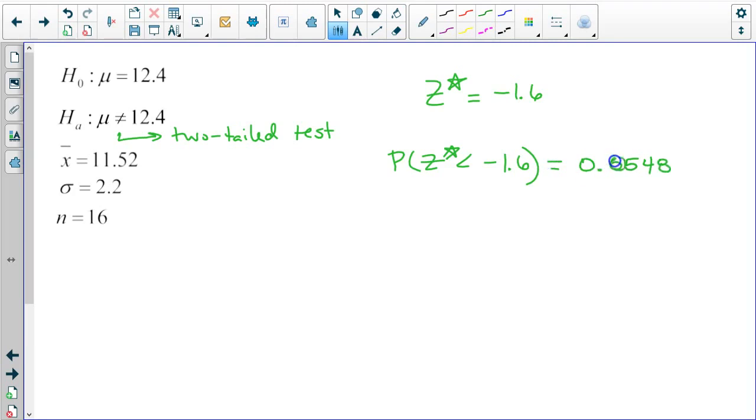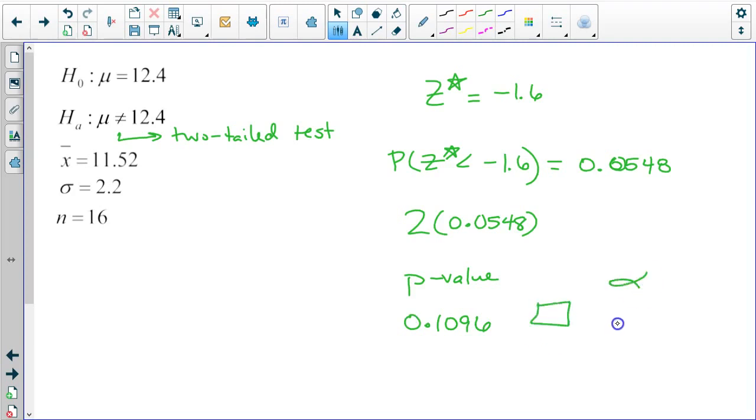Okay, and then it's a two-tailed test, so I'm going to take that number and multiply by 2. And you get your p-value of 0.1096. And we compare that to alpha, which I said for all of these is 0.05. And that number is greater, obviously. So you failed to reject the null. Okay?